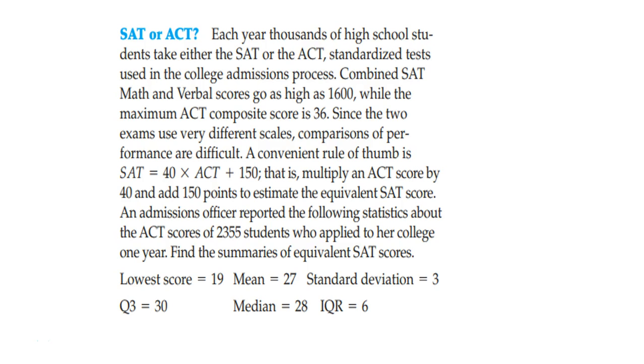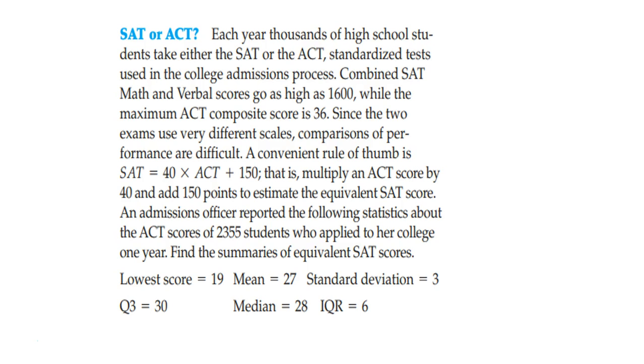Okay, so take a look at this problem. Each year, thousands of high school students take either the SAT or the ACT standardized tests, and the colleges use them to help with admissions. The combined SAT math and verbal scores go as high as 1,600, while the maximum ACT score is 36. Since the two exams use very different scales, comparisons of performance are difficult.